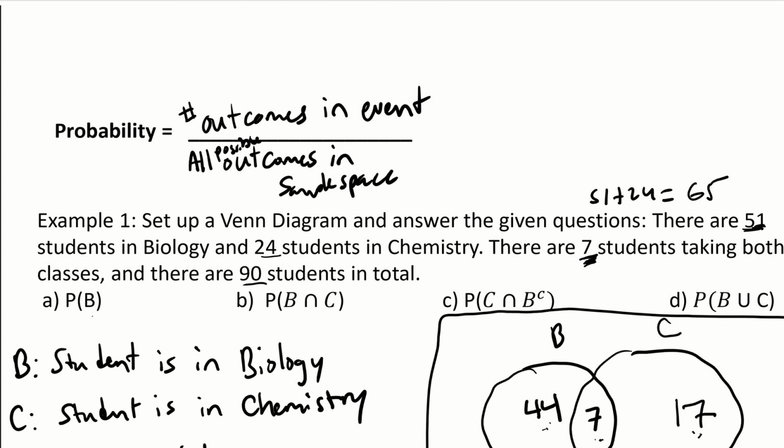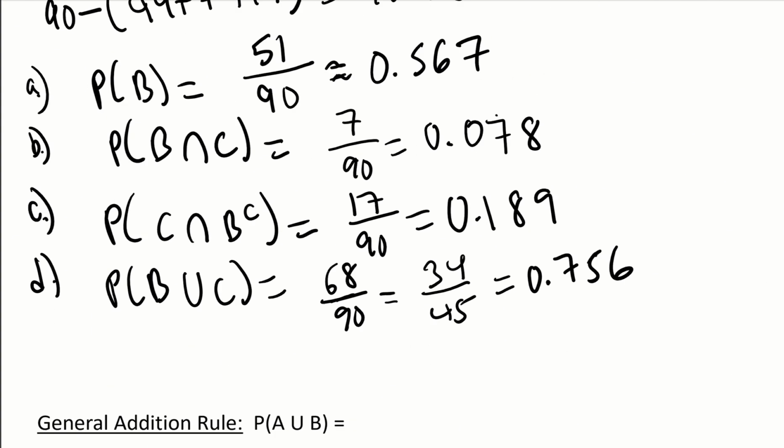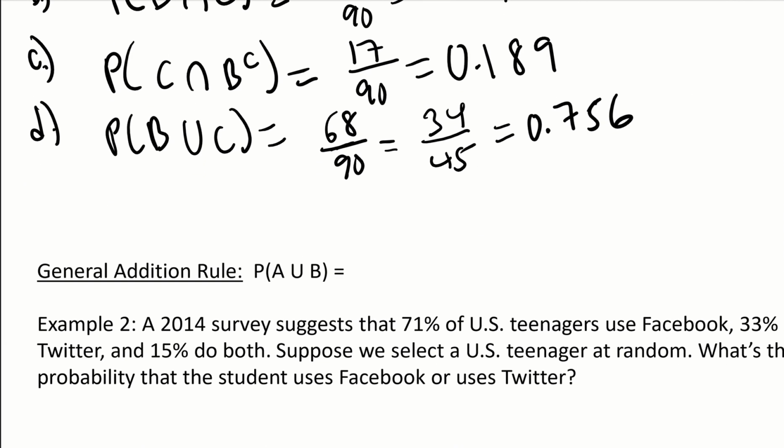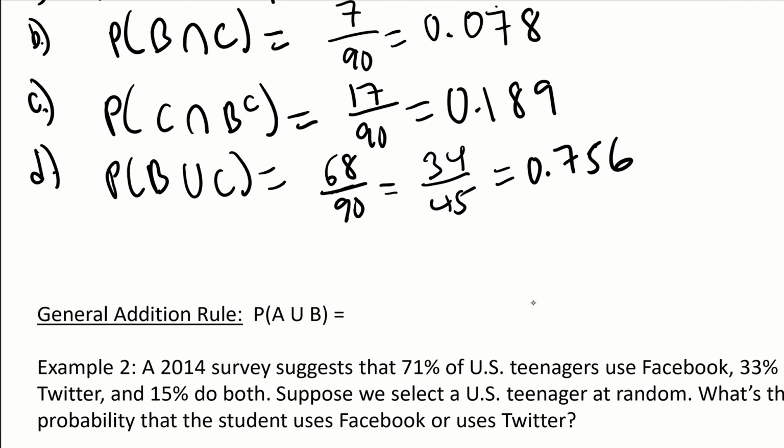I said 65. Let's just say 75, right? 75 is greater than what we had here, 68. So we had to take away the 7 students that we counted twice. So that's known as the general addition rule. So in general, in order to combine the outcomes of 2 events, you have to take away what they have in common if they're not mutually exclusive, okay?